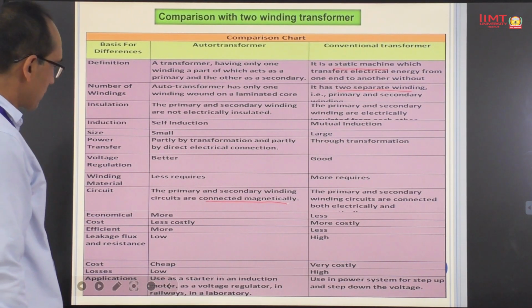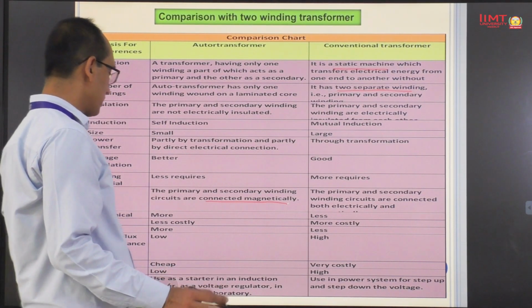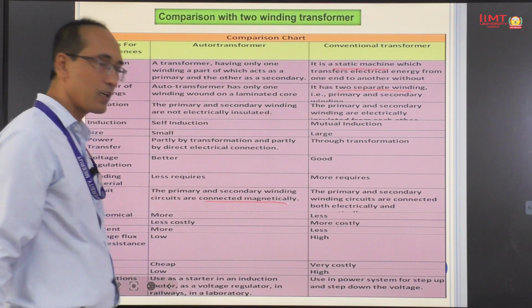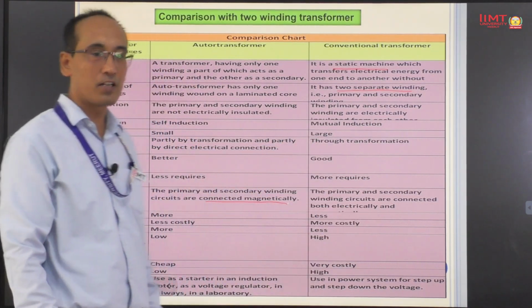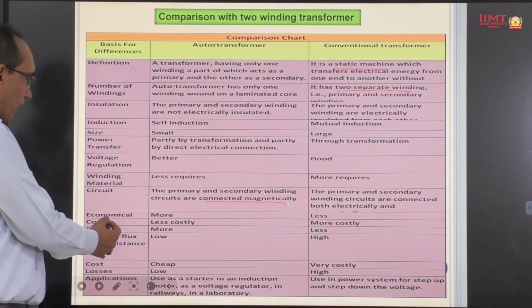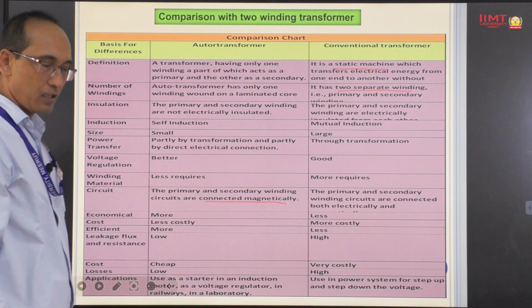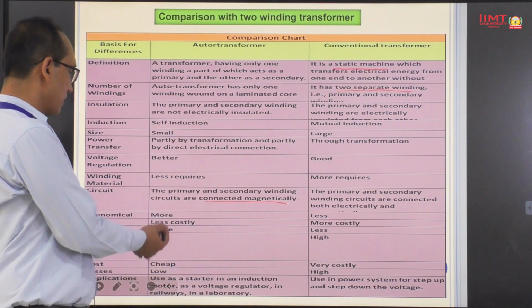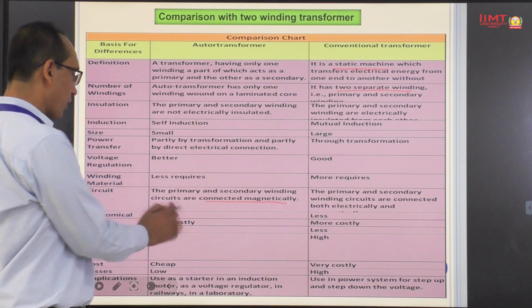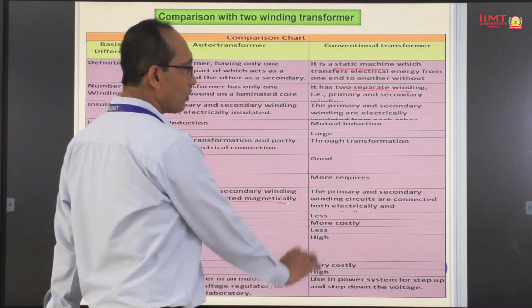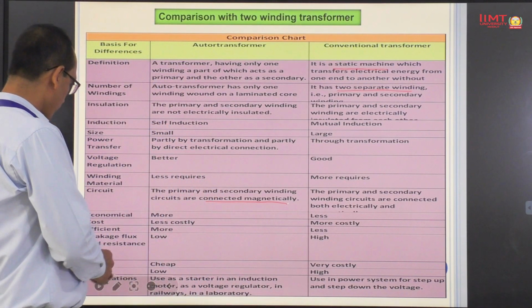Economical case: auto transformer is somehow more economical as compared to conventional type or two winding transformer. And what about the efficiency? We have just discussed this. Auto transformer has more efficiency as compared to two winding transformer.